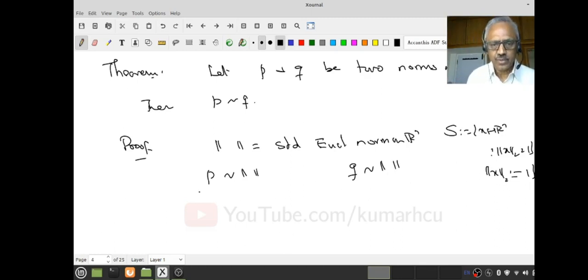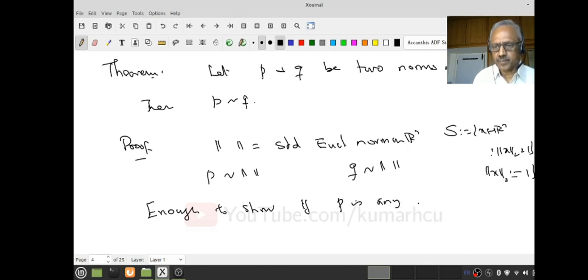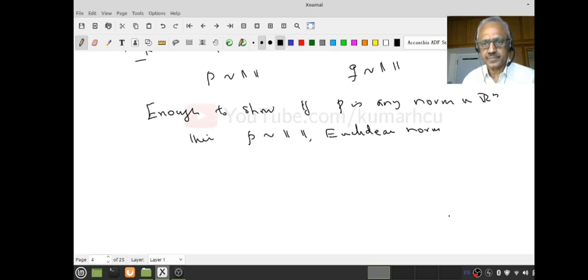So, it is enough to show that if P is any norm on Rn, then P is equivalent to the Euclidean norm. Do all of you accept it? Just to make sure you understand this much.